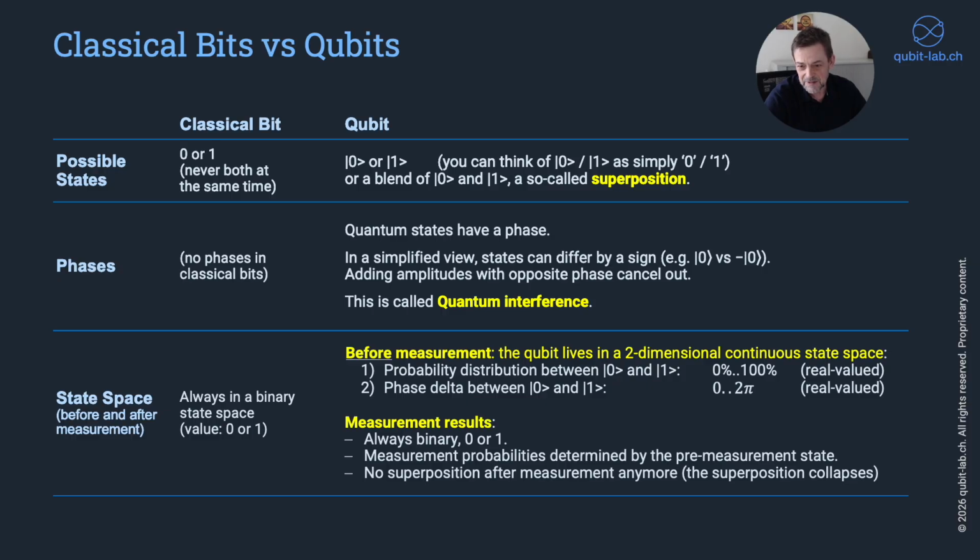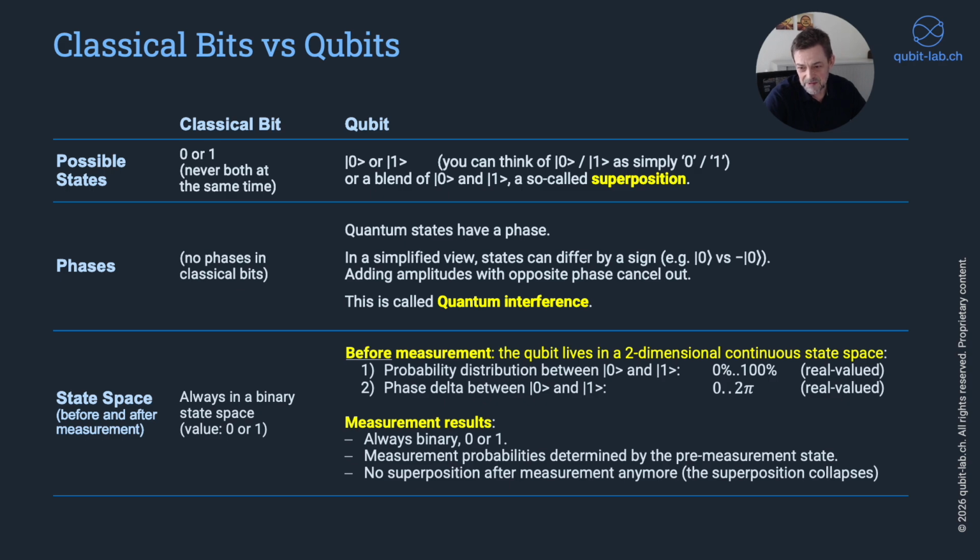And therefore, the qubit lives in this two-dimensional continuous state space. Probabilities between 0 and 100%, or 0 and 1, whatever you prefer. And in the other dimension, the phase delta between 0 and 2 pi. This is before the measurement.